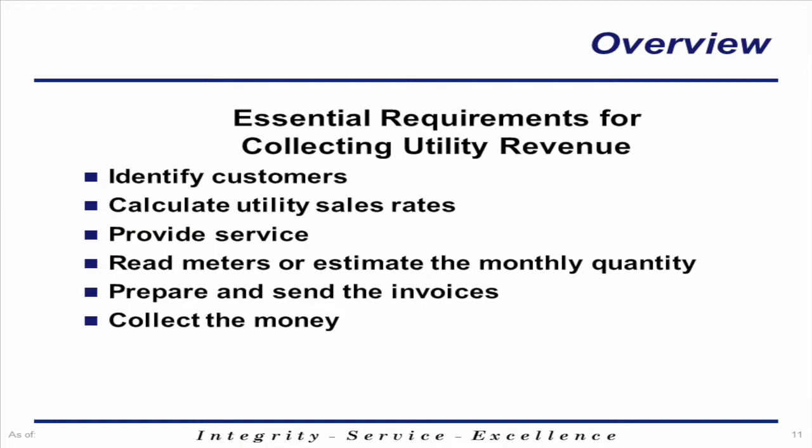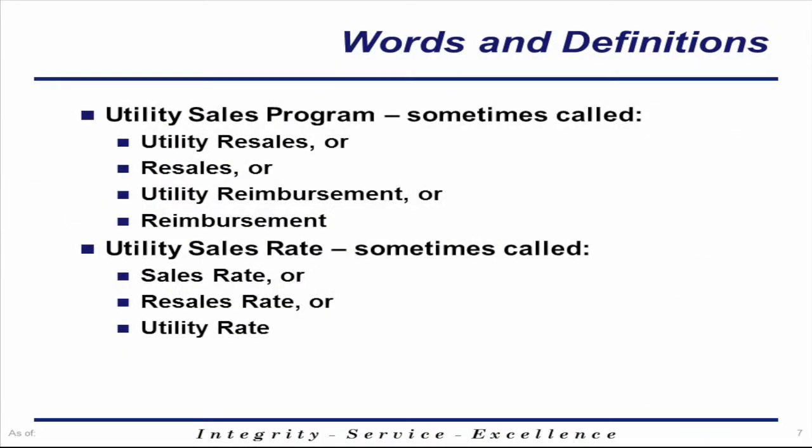The other items are important, but that's not what we're talking about today, okay? You'll have to identify customers, calculate the sales rate, provide service, read the meters or estimate the monthly quantity, then send an invoice and collect the money. These are the basic things that have to be done to collect for utility service.